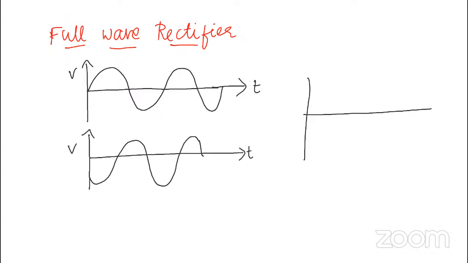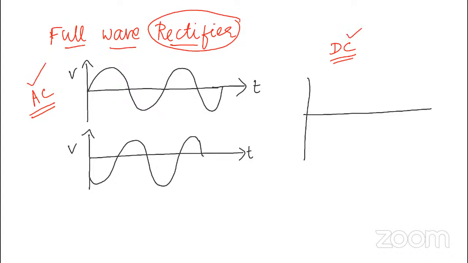So first thing, the input waves are in AC. So the output wave should be in DC. Right? So don't forget that the main important work of a rectifier is to convert AC into DC.